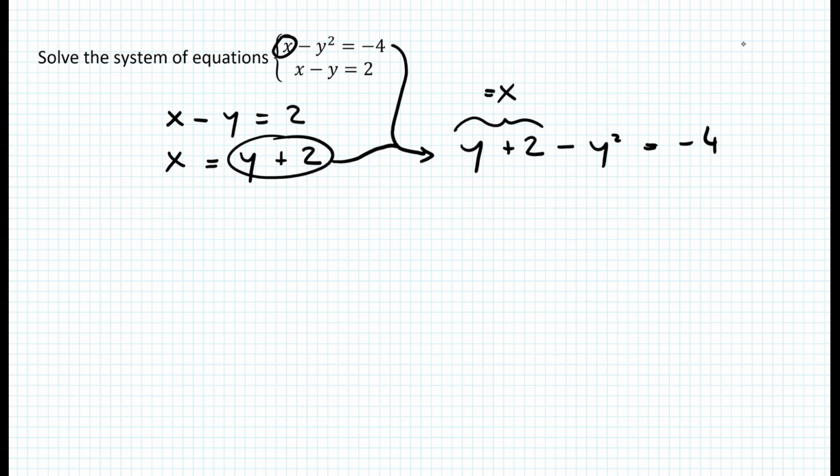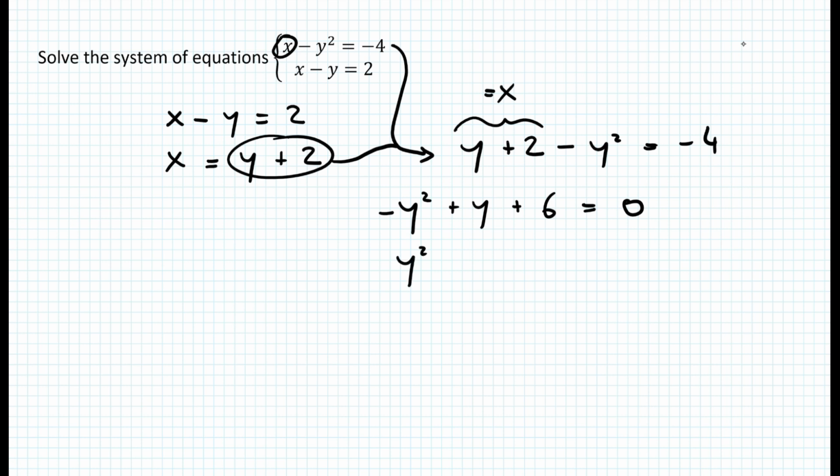So if you think about this, now we have a quadratic equation in terms of y. So let's rearrange it a little bit. So here we have -y squared plus y, and let's add 4 on both sides. And now we have plus 6 is equal to 0. Let's multiply by -1.